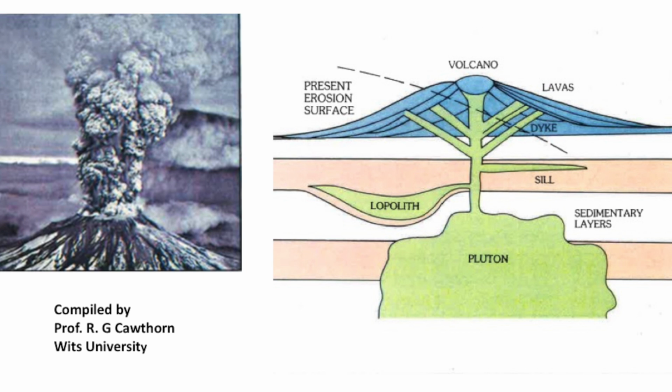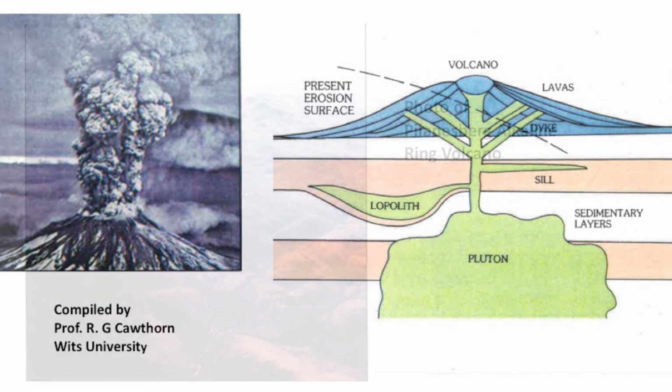The ring-like structure, what's happened now is the whole top of the volcano has been eroded or basically planed off, and the more resistant units are forming circular rings, and the softer material is eroded, forming valleys.